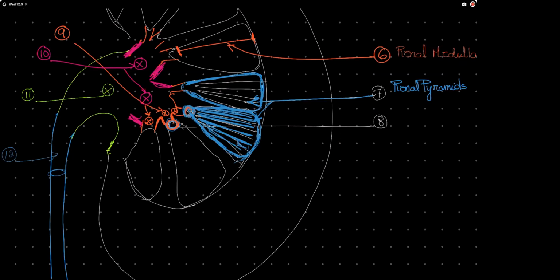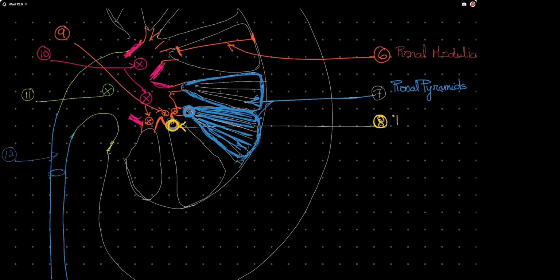What do we call those tips of the pyramid? What do we call the tip of the pyramid here? This is marked number 8. What do we call the tip of the pyramid? Exactly, this is my renal papilla or the papilla of the pyramid.